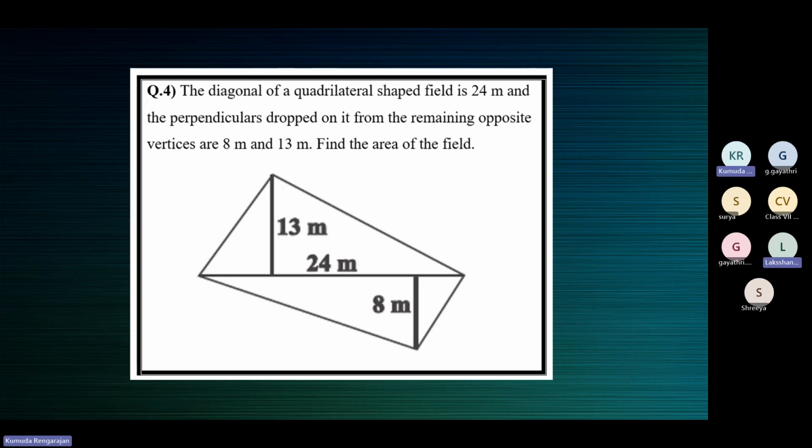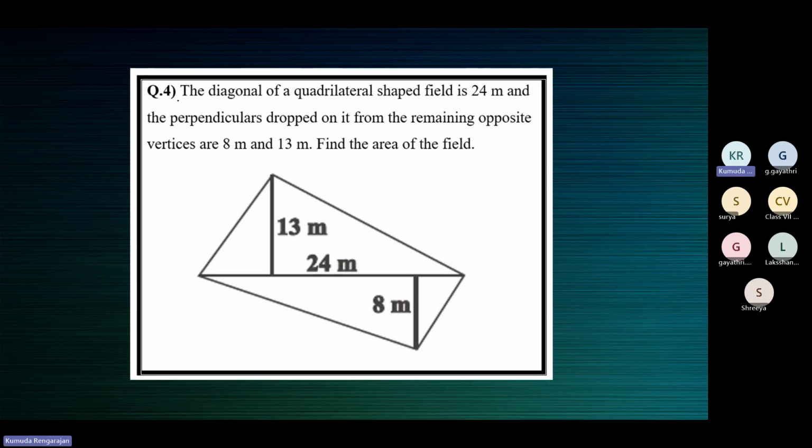So what does D stand for? The diagonal. And H1 and H2? Height 1 and height 2. Very good. The perpendiculars dropped on the diagonal.